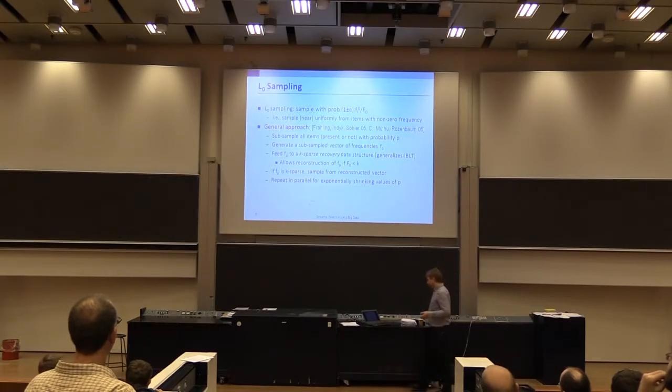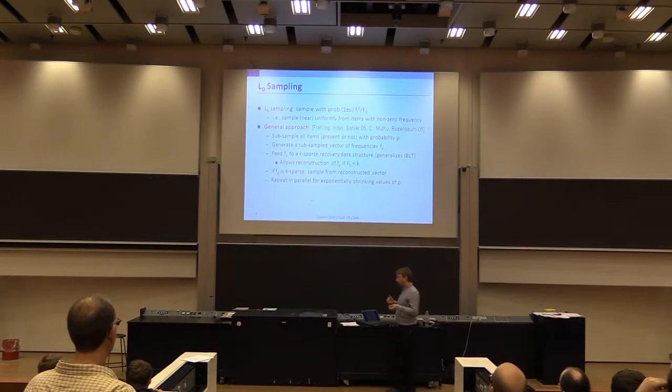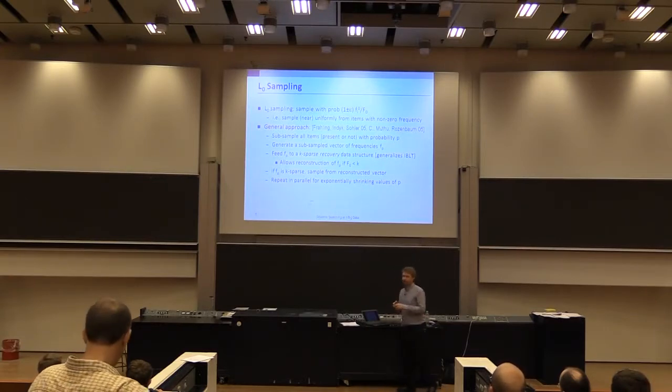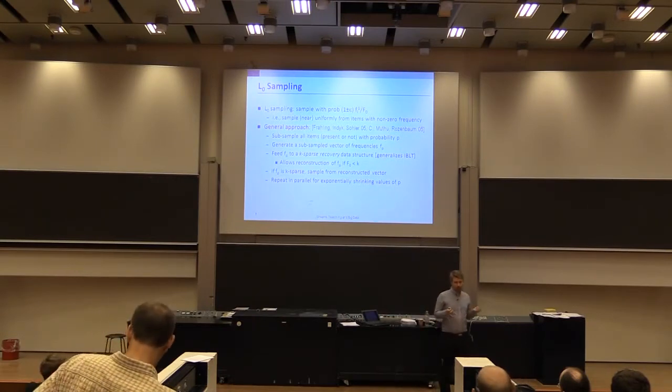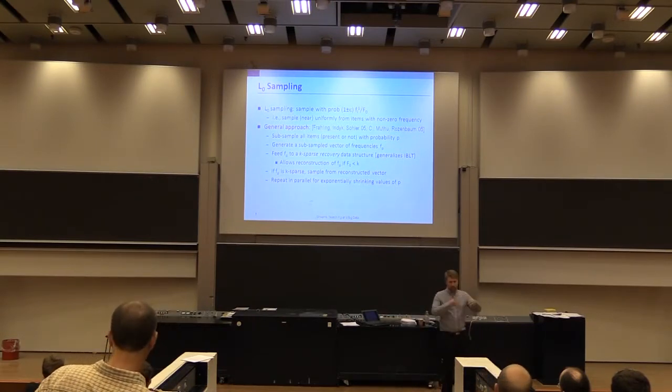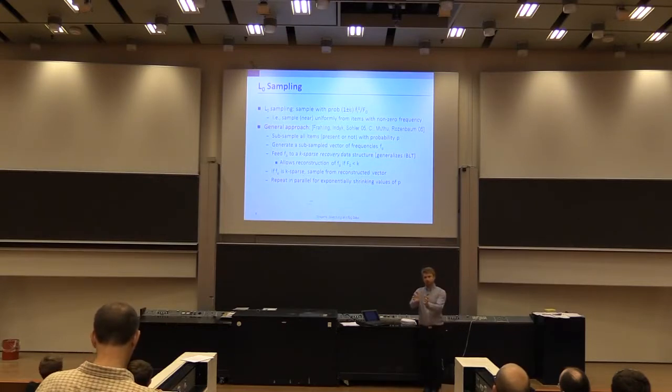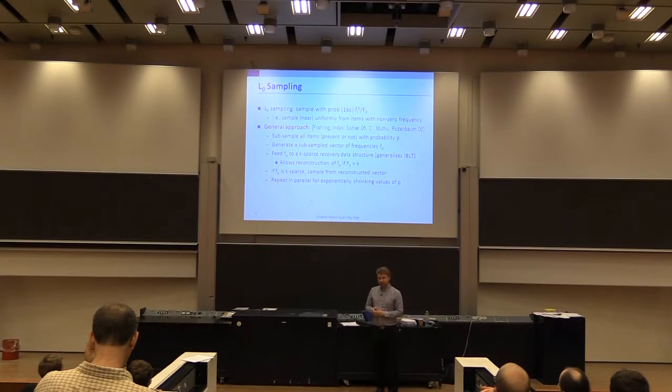The idea is really, if I knew what kind of thing could I do? Well, if I had very few elements left at the end, so I see a lot of arrivals and departures but at the end only a small subset remaining, then I could use something like the invertible Bloom lookup table to recover that set of elements, and then just sample from within those.